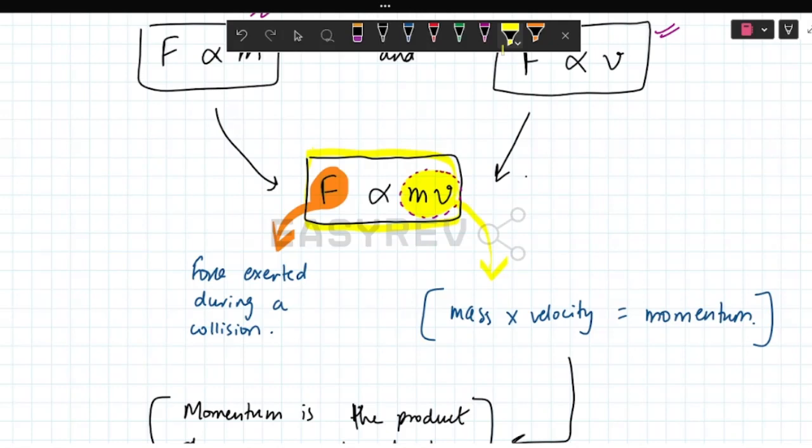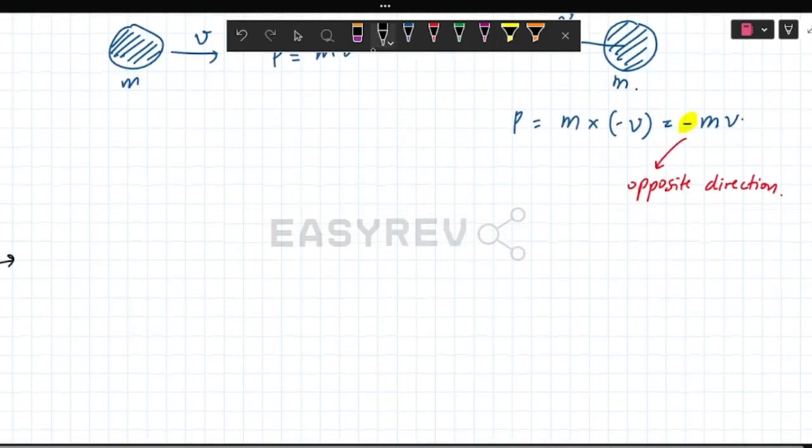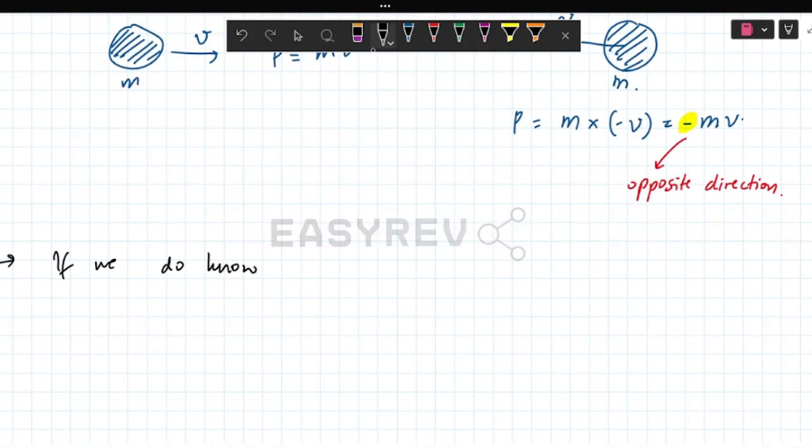We haven't yet explored this further, right? We just stopped at this direct proportionality. So let me in fact write it down, that if we do know that this force exerted due to an object's velocity and mass is directly proportional to its momentum, then what is this relation?